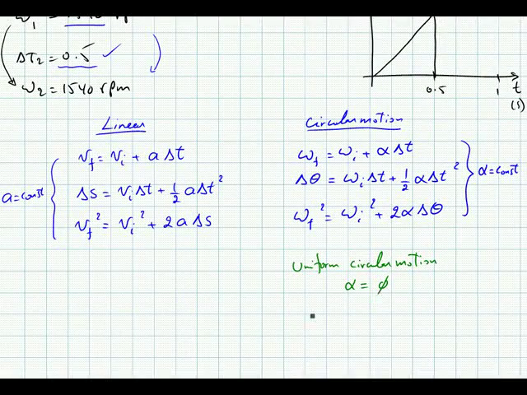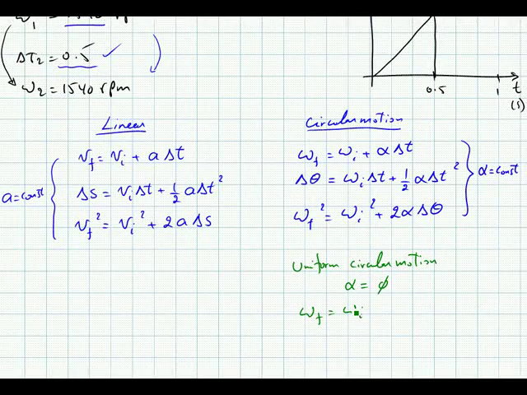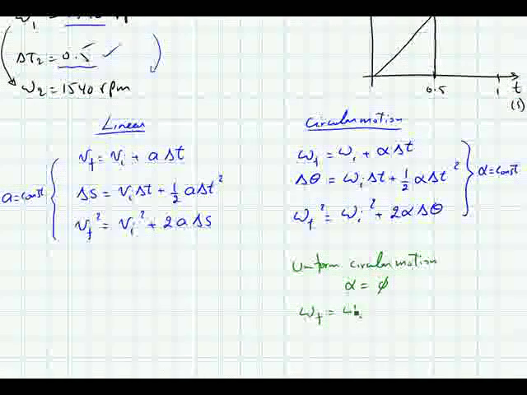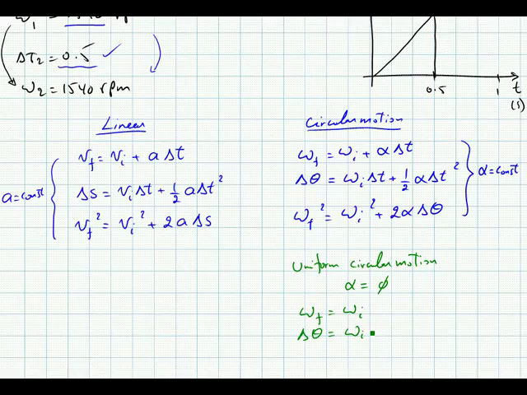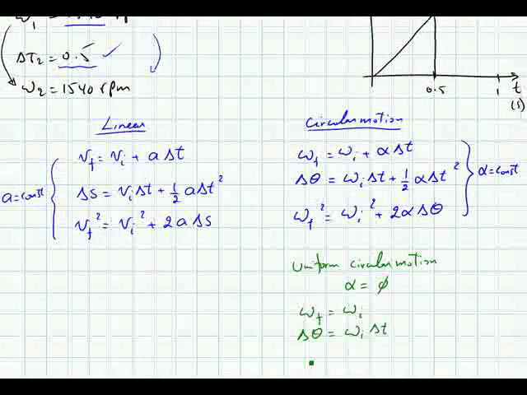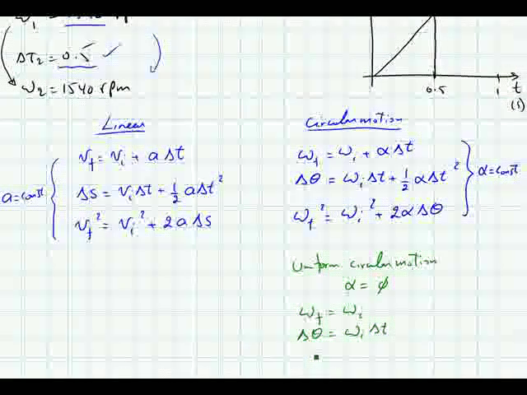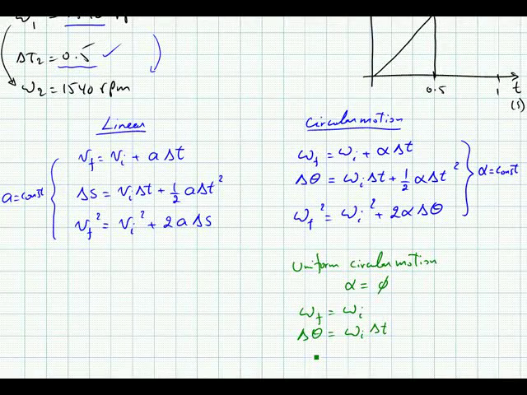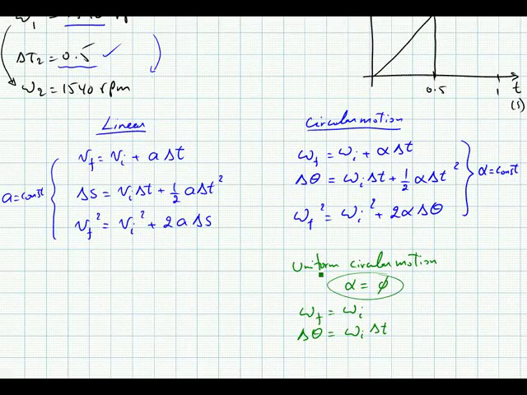Therefore the equations at the top become omega f is equal to omega I, i.e. the angular velocity doesn't change in uniform circular motion, and delta theta takes the simple form of omega I delta t, and these are the only two relevant. The third equation is also omega f is equal to omega I. So for uniform circular motion, alpha was 0, of course.